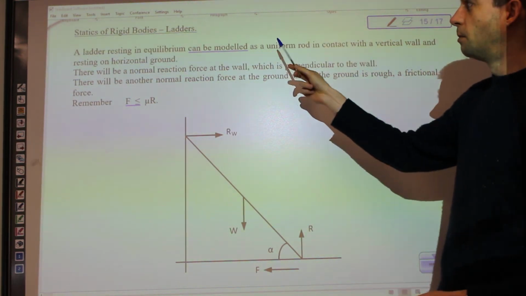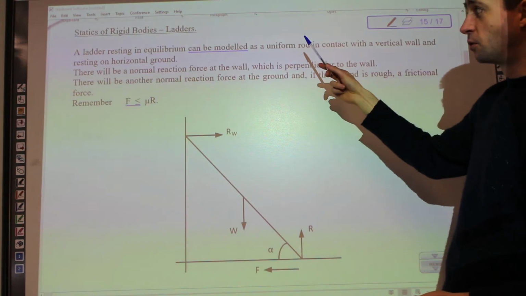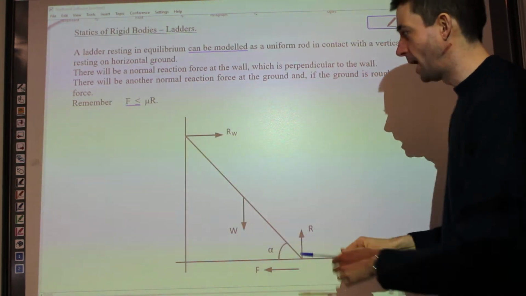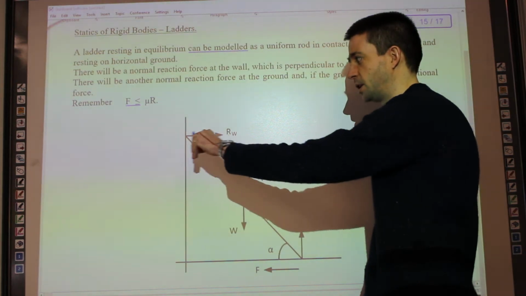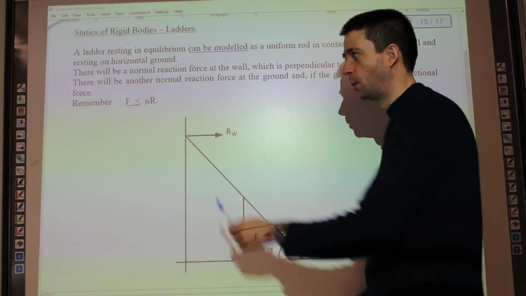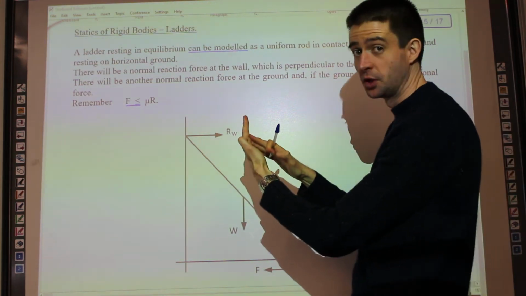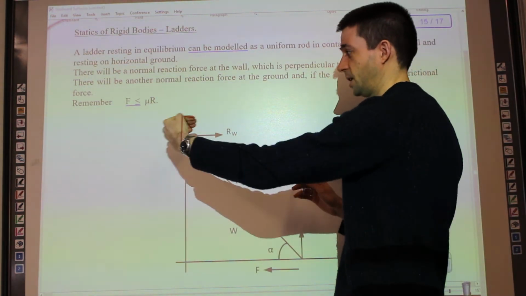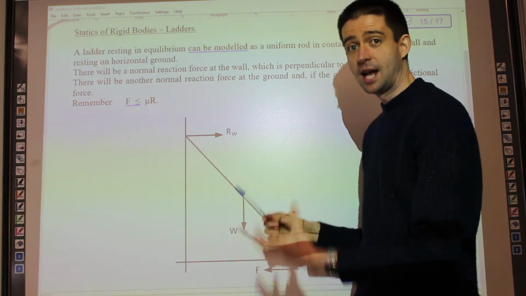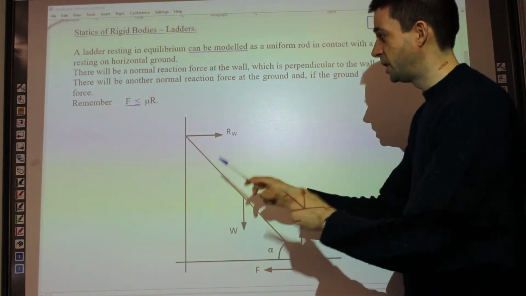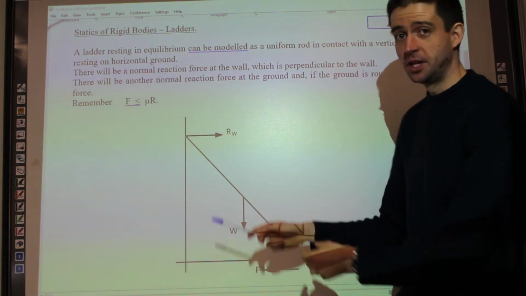Generally speaking, we will model the ladder itself as a uniform rod, but because there is contact with the vertical wall, we will get a reaction force perpendicular to the wall, where the wall is pushing back on the ladder because the ladder exerts force on the wall and the wall exerts an equal and opposite reaction force on the ladder.